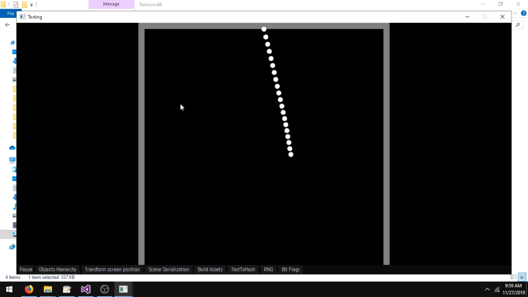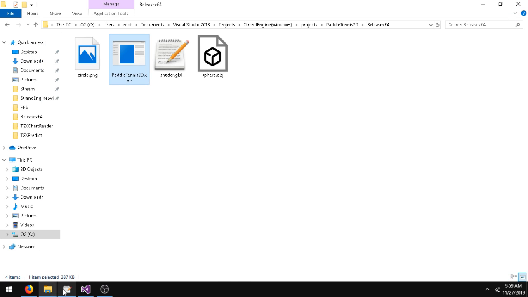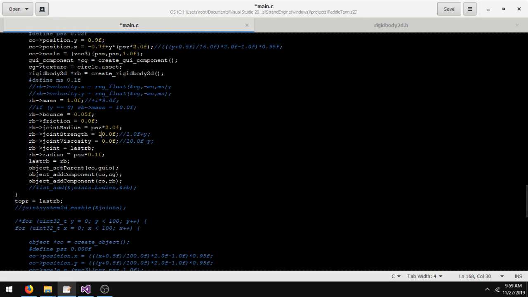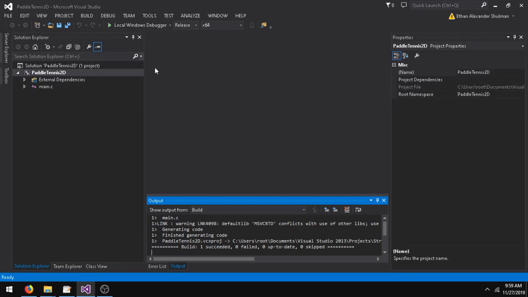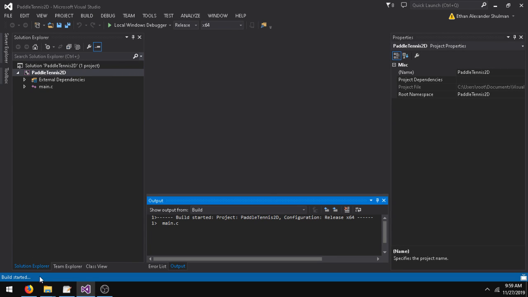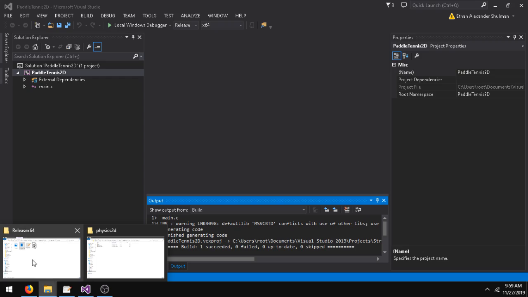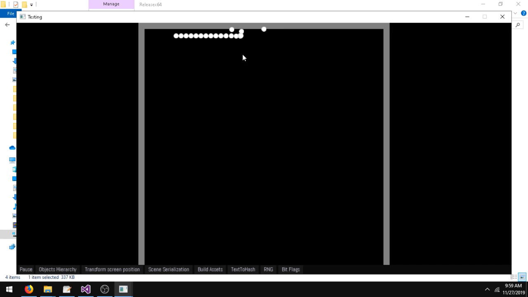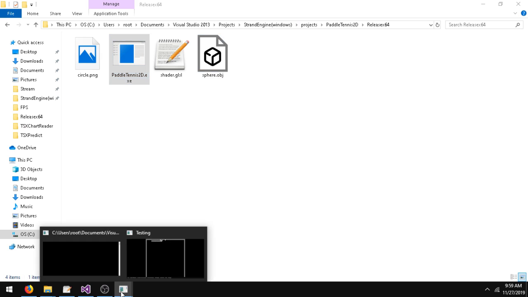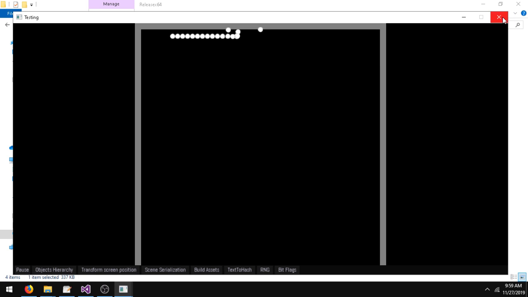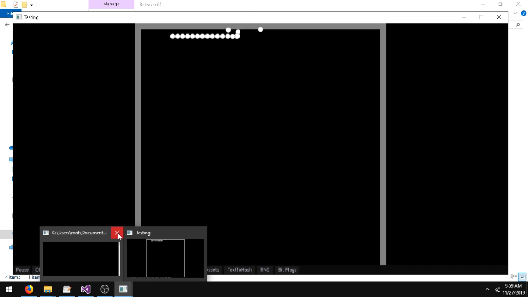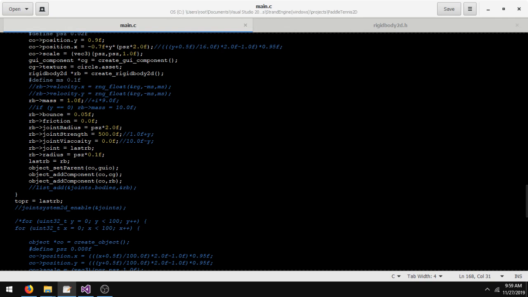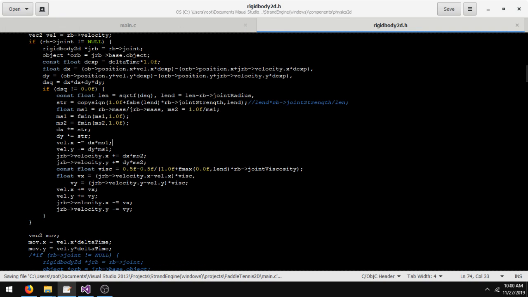It's kind of more elastic, I think. And now it crashed, and I can't tell if it moved so fast that it lagged. Yeah, that's not gonna work.